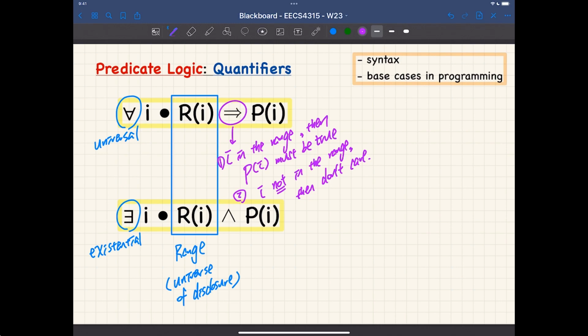And over here, the way to interpret that is, we want to say there is at least one element in the range, and that particular element satisfies this property here, right? So it has got to be both. If we cannot really find such an element that's in the range and also satisfies the property, we know that the existential property failed. Okay? Are we okay so far?